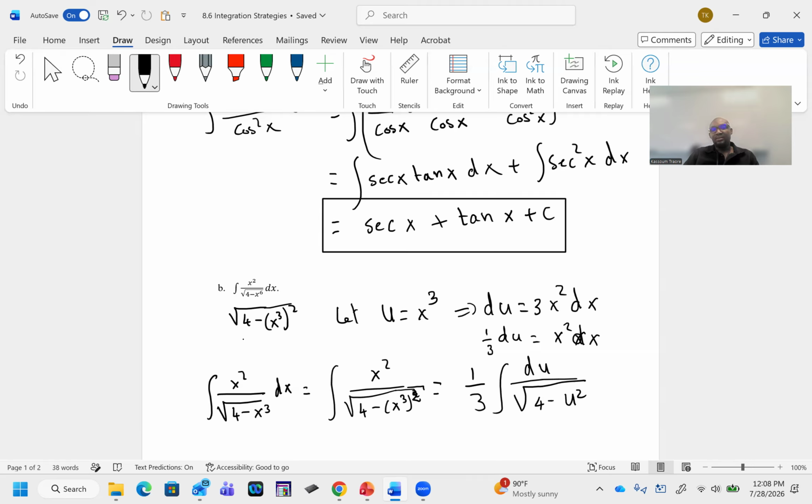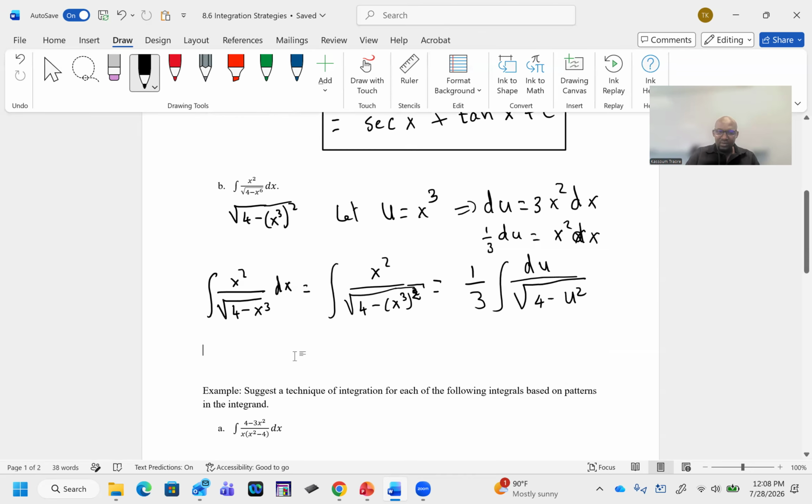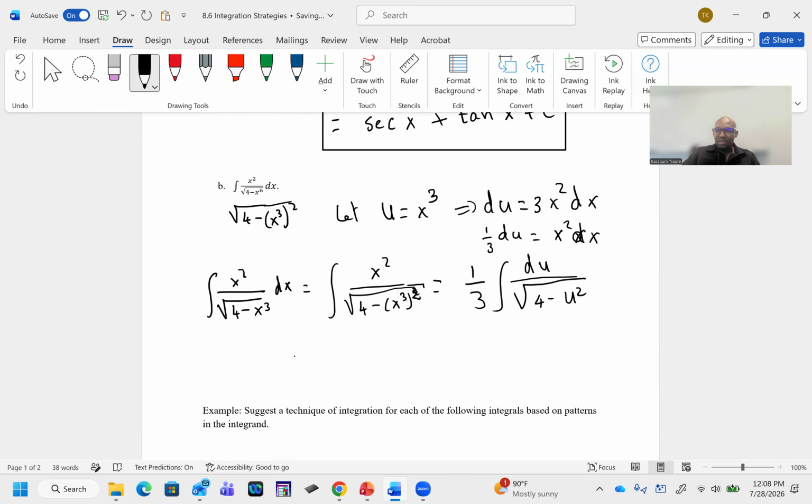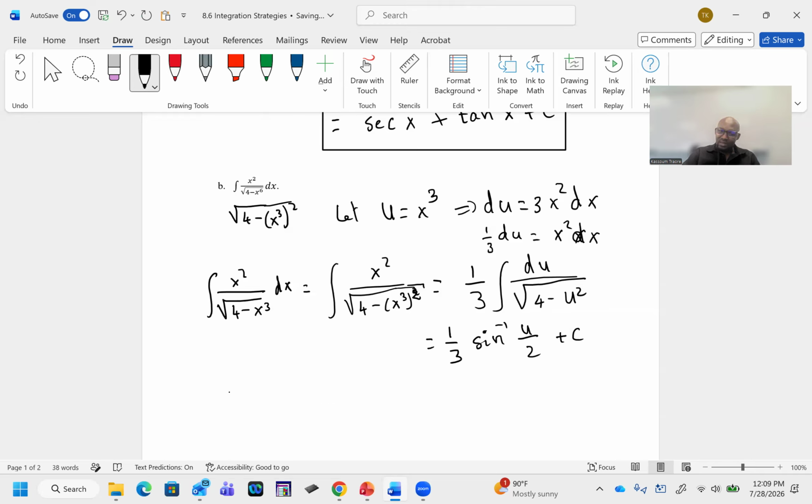So basically this will be 1/3 sine inverse of u divided by 2 plus c. What is our u? Since the beginning it is x cubed, so my final answer would be 1/3 sine inverse of x cubed divided by 2 plus c. And that's it.